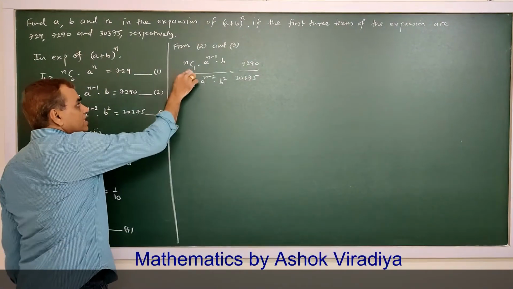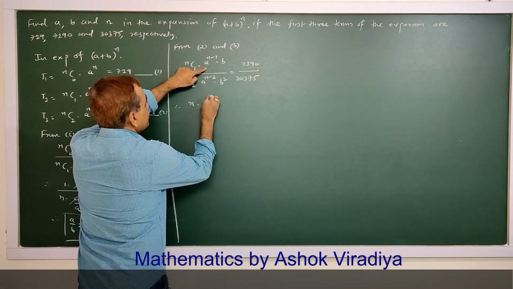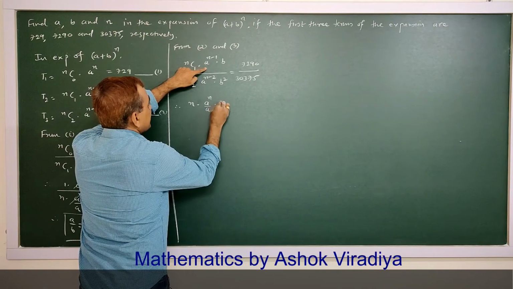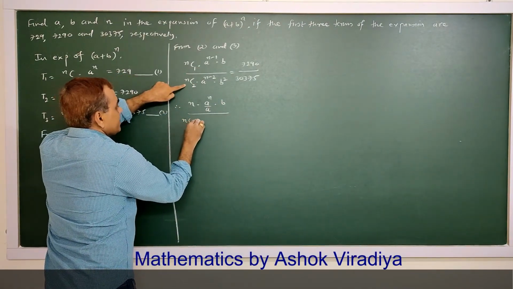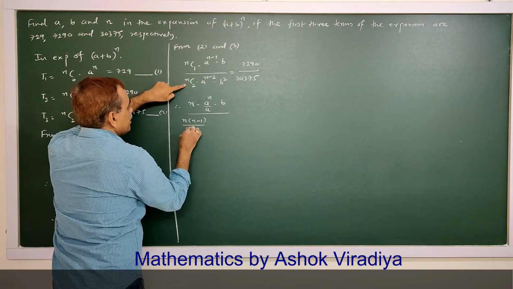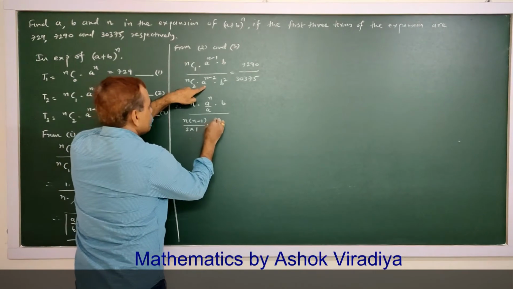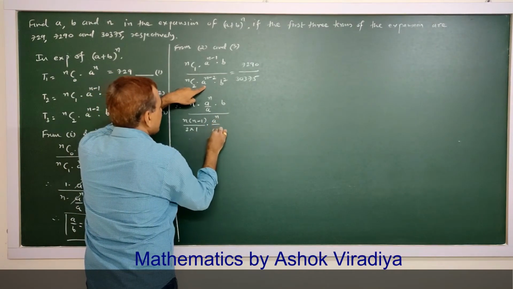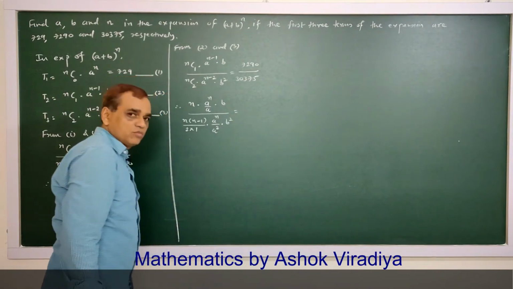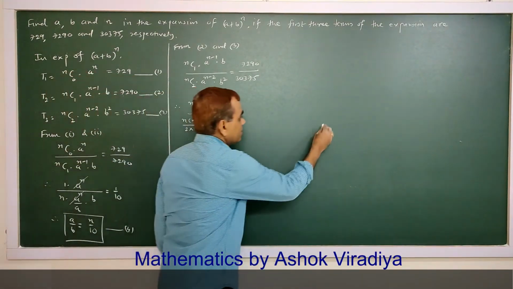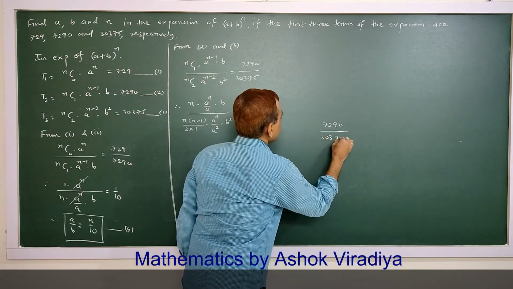Now nC1 is n, this is a raised to n upon a into b, upon nC2 is n into n minus 1 upon 2 into 1. a raised to n minus 2 is a raised to n upon a square into b square. It is equal to 7290 upon 30375.